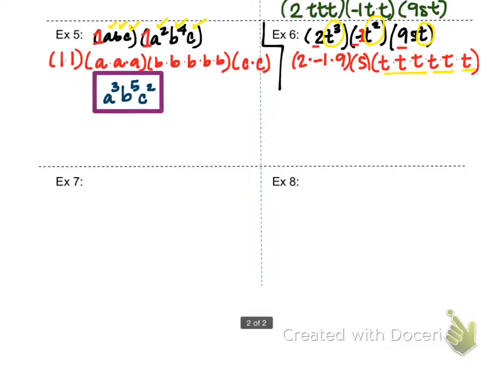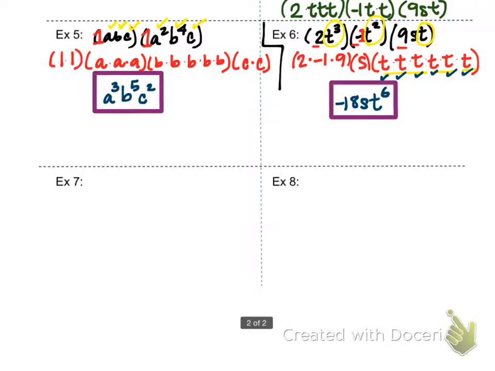And I have 2 t's multiplied together in the second term. And I only have 1 t in the third term. When I take a look at these, I can then start to use my expanded form. And 2 times -1 times 9 can be simplified to give me -18. S can just drop down, and I'm going to have t to the power of 6, because I have 6 t's that are multiplied together.